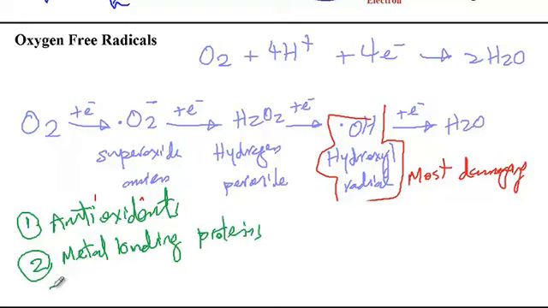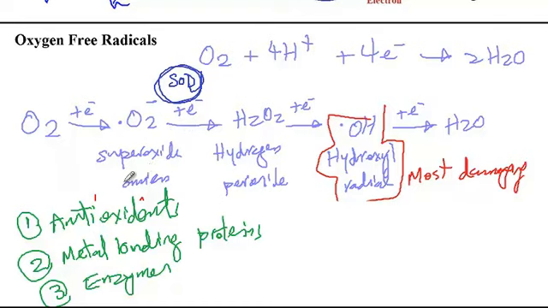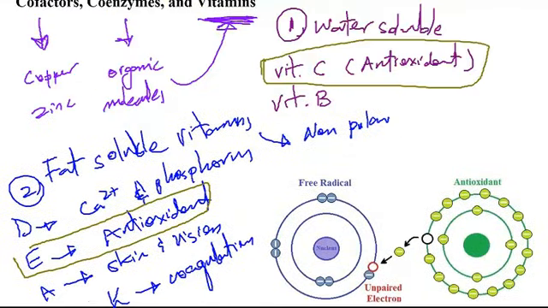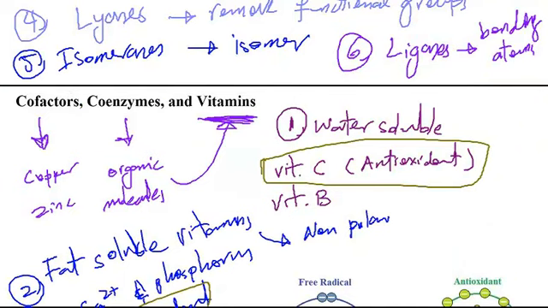And then lastly, we have enzymes that have antioxidant properties. One very important enzyme is superoxide dismutase. Superoxide dismutase is involved in conversion of superoxide anion into hydrogen peroxide. Now I would like to point out that this enzyme is not purely made of protein. It actually does have some metal cofactors. You know how earlier we discussed that some of these enzymes have cofactors.